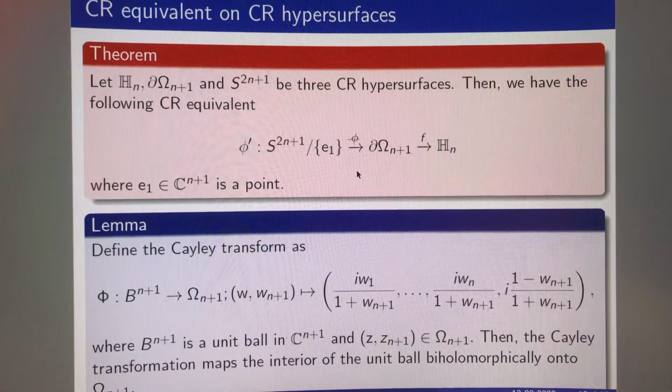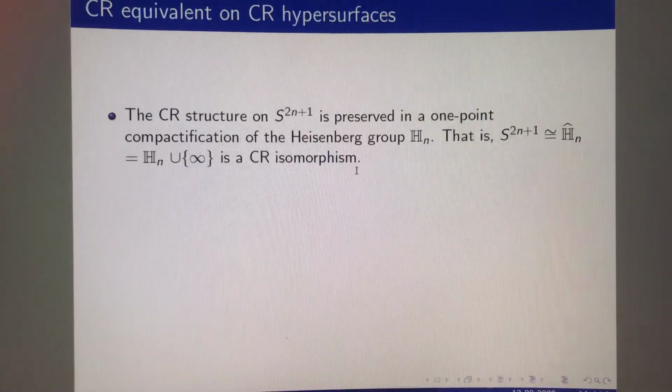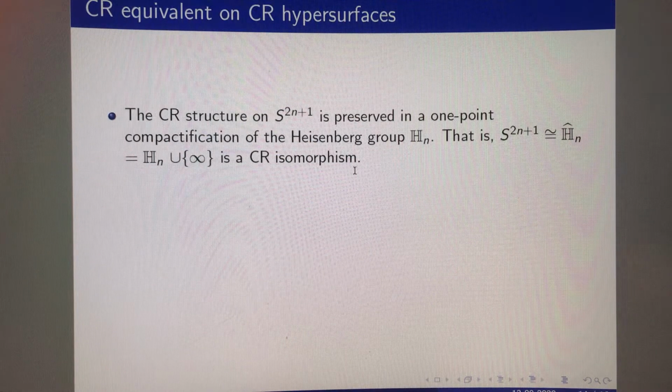So from this theorem, we actually can have the following observations. The first observation is that the phi prime defined from S^{2n+1} minus a point to the Heisenberg group is actually a CR isomorphism. Because we know that the composition of two CR maps is still a CR map, and phi and F defined in the theorem are actually CR isomorphisms.